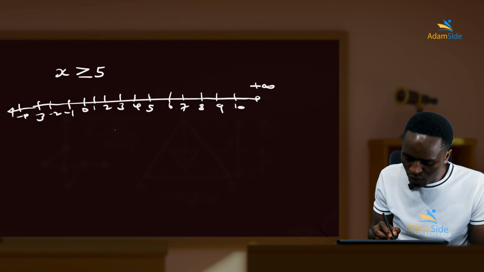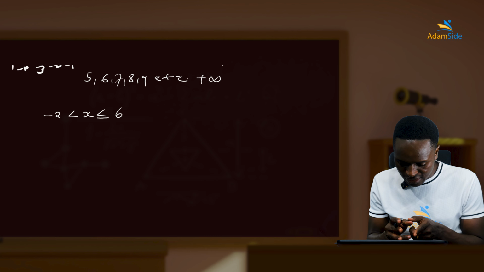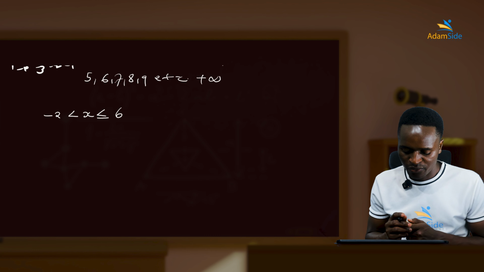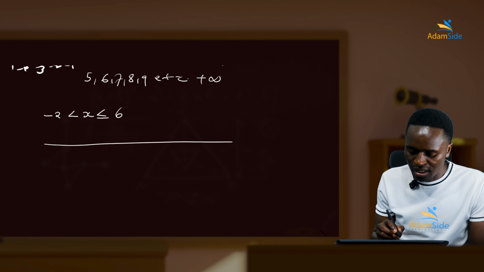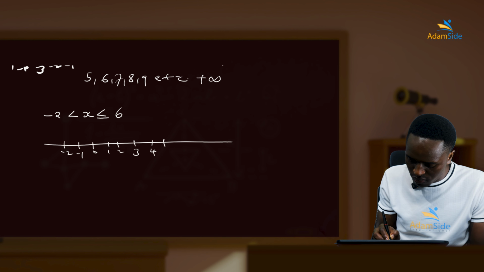Or, for example, we are told to mention the integer values that satisfy the inequality given here. So you draw a number line from -2: -2, -1, 0, then 1, 2, 3, 4, 5, 6, 7, 8, 9, 10.